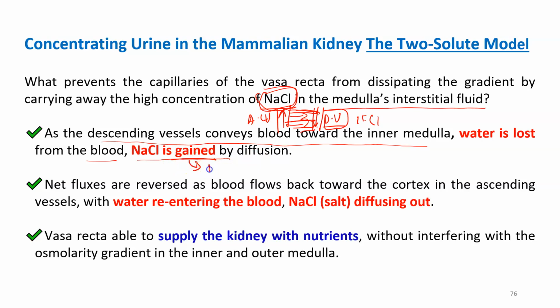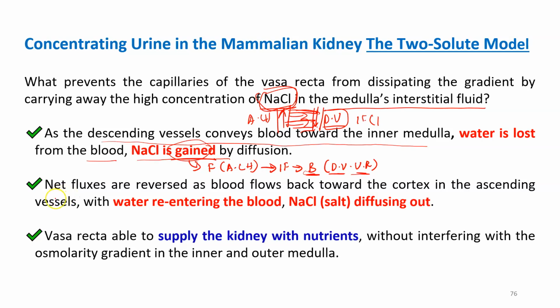So maksudnya pergerakan tu daripada filtrate dalam ascending limb of loop of Henle, daripada filtrate keluar ke interstitial fluid sekejap, lepas tu masuk balik dalam blood, which is in the descending vessels of vasa recta. So is gain. Gain tu maksudnya masuk dalam darah, dalam descending vessels of vasa recta. Okay, fluid, filtrate, and blood will flow in the opposite direction.